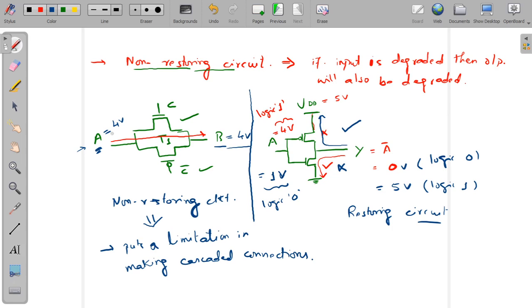Also, it will consume more transistors as compared to pass transistor logic, because here for each transmission gate we are using 2 pass transistors.